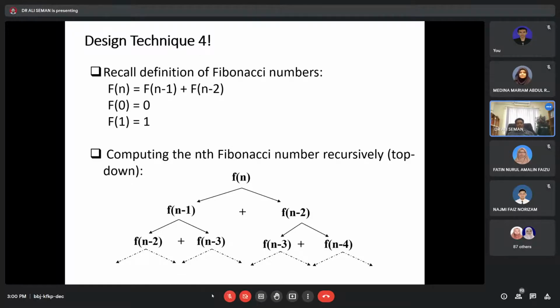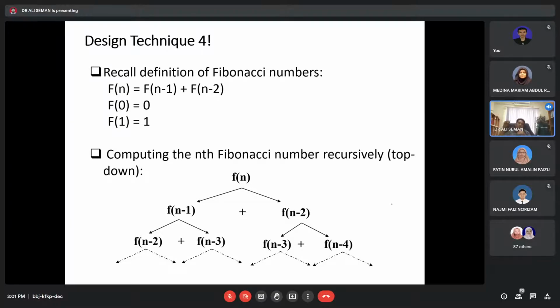Recall the definition of Fibonacci here. When Fibonacci is 0, it is written 0, and 1 is 1. These are the base criteria. If n is more than 1, which starts at 2, then we apply this formula: Fibonacci of n minus 1 plus Fibonacci of n minus 2. And finally, we can visualize this where n minus 1 plus n minus 2, n minus 2, n minus 3, n minus 2, and so on until we stop at Fibonacci 0 or Fibonacci 1.